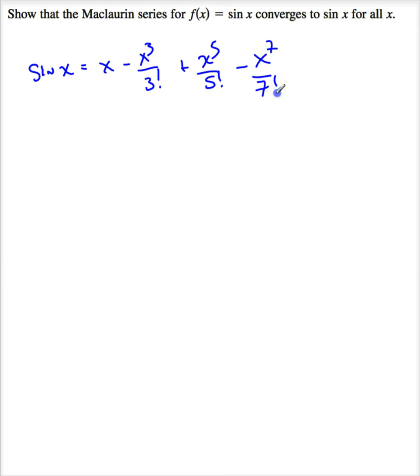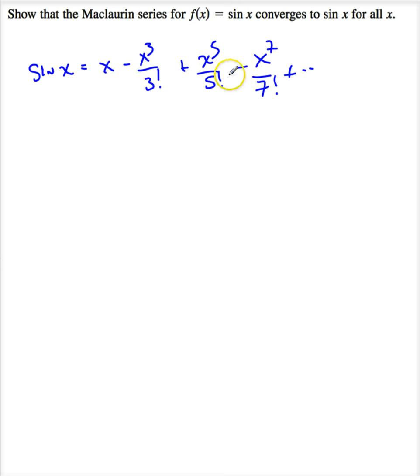Now, if we were to show that this series converges for all values of x, what we have to do is look at the expansion itself. Remember, sine of x, we've already done this one, is equal to x minus x cubed over 3 factorial plus x to the 5th over 5 factorial minus x to the 7th over 7 factorial.